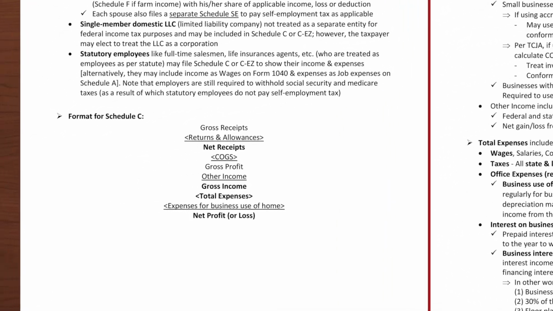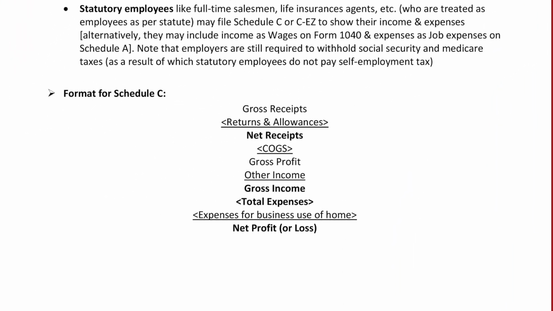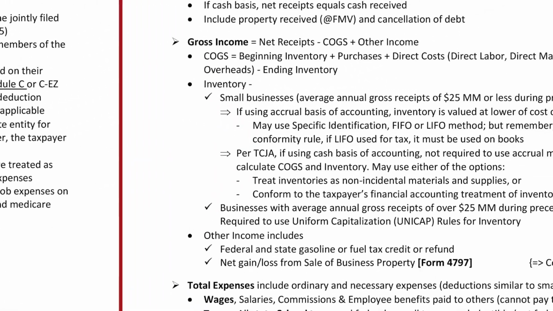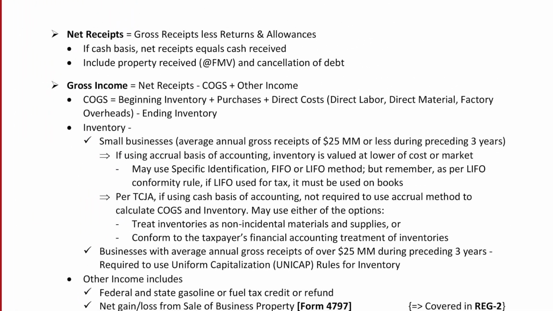Turn to page 32, and on the second bullet there, put a box around, format for Schedule C. And we've just seen that, starting with gross receipts, and the bottom line is the net profit or loss from business. On page 33, the second bullet, the second sub-bullet, put a box around, inventory.